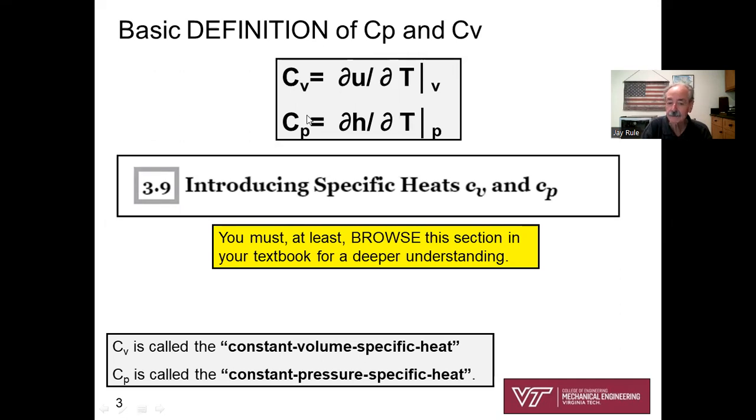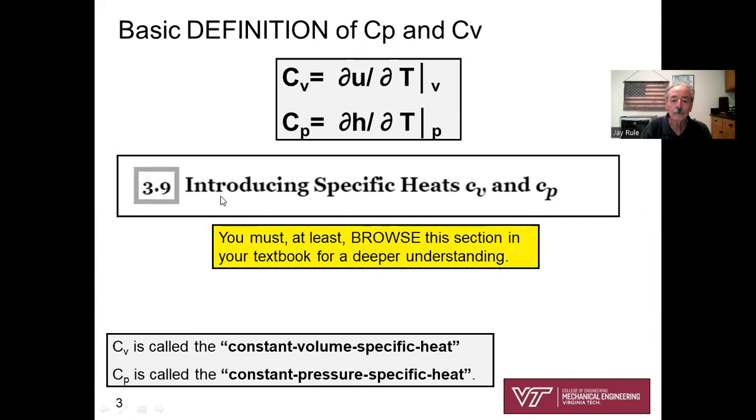Next, C sub P is the partial derivative of enthalpy with respect to temperature holding P constant. C sub P is dH dT at constant P. It's a partial derivative, so we find that there's not a lot we can do with this analytically.